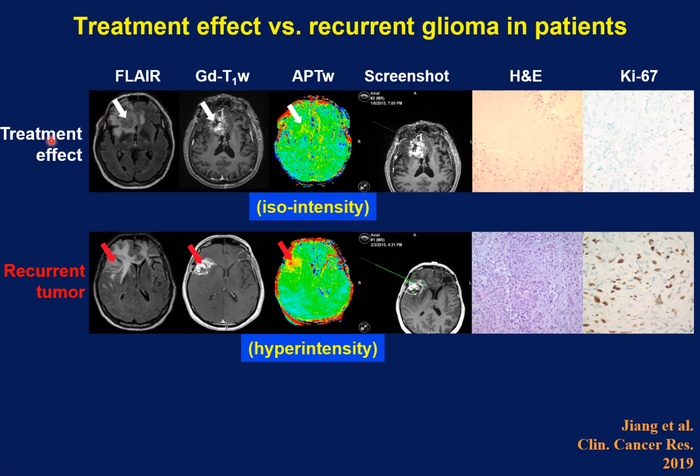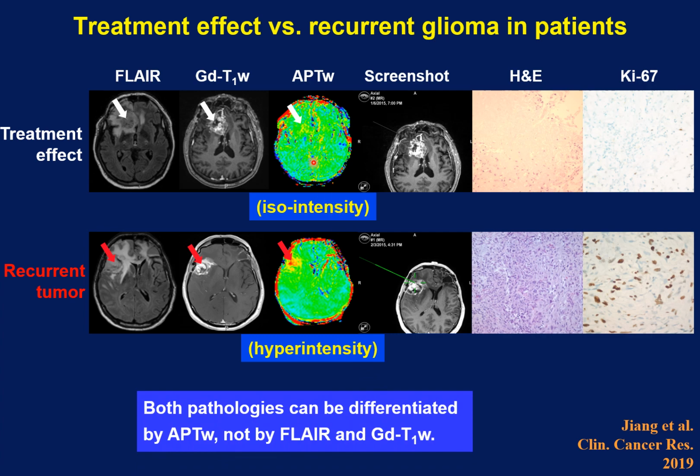Case 1, treatment effect. Case 2, tumor recurrence. FLAIR, gadolinium, and tumor are very hard to separate from one another. However, APT is isointense for treatment effect, and hyperintense, high signal, for tumor recurrence.